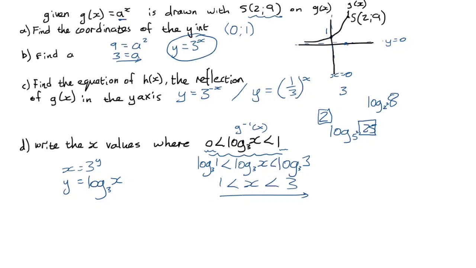If the y-intercept is 1, now the x-intercept would be 1. If the point was (2, 9), it will now be 9 across and 2 up. And so a really quick inverse graph would look like that. And they're looking where the y value is between 0 and 1.